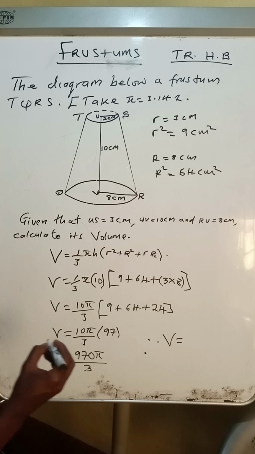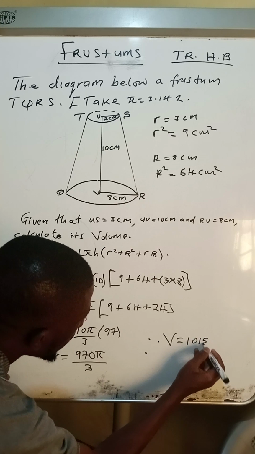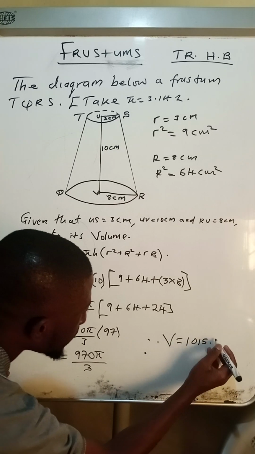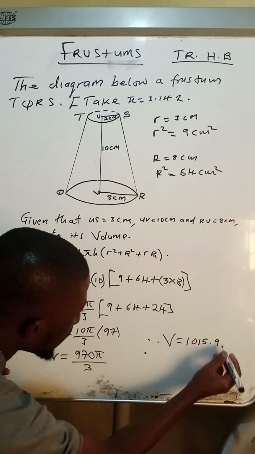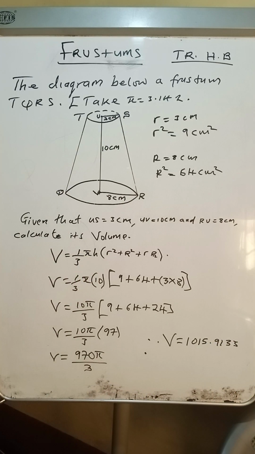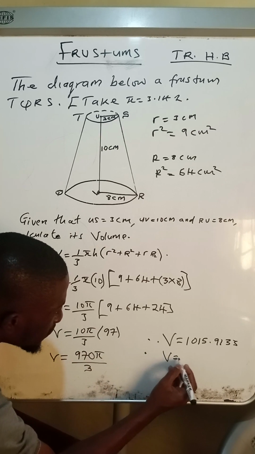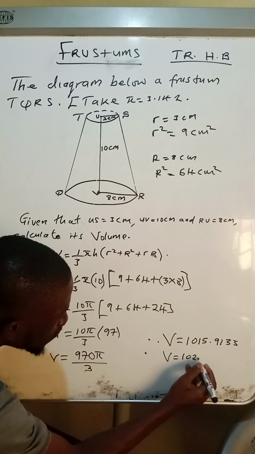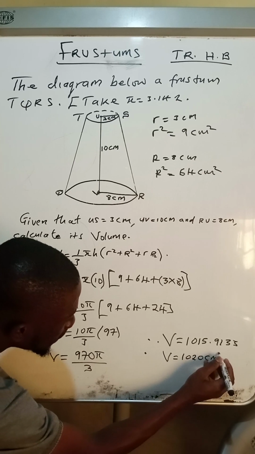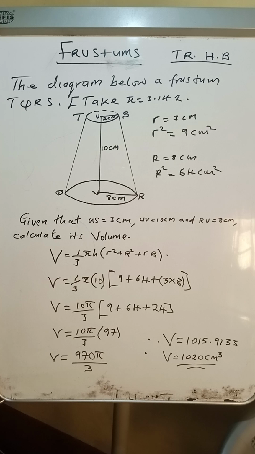If we divide, it will give us 1015.133. So we can round off our final answer correct to 3 significant figures, and this would be 1020 centimeters cubed. So that is the volume for this frustum.